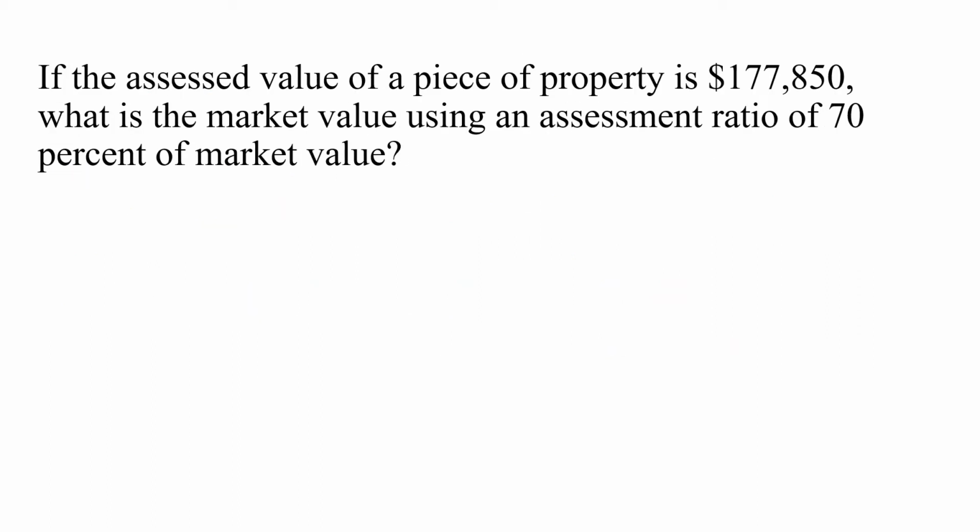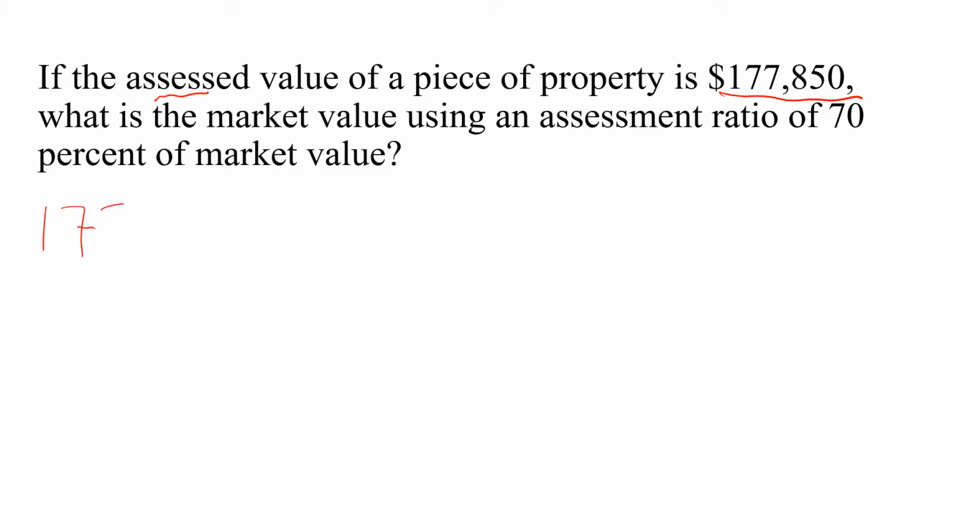If the assessed value of a piece of property is $177,850, what is the market value using an assessment ratio of 70% of market value? So we're going to take our assessed value, and now we're working backwards. We're doing the opposite of what we did in the first question.